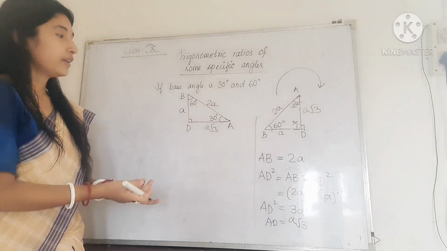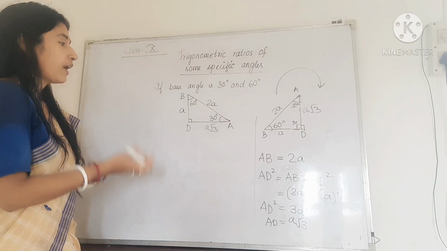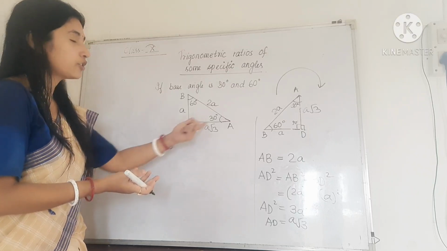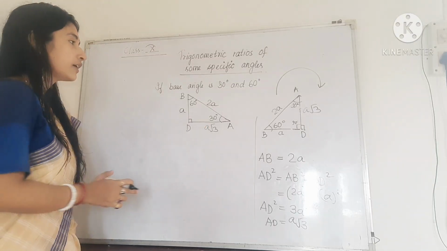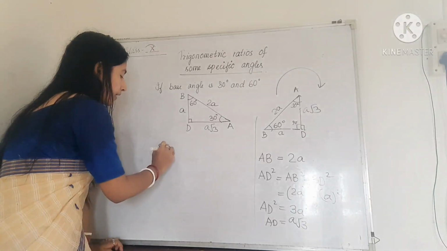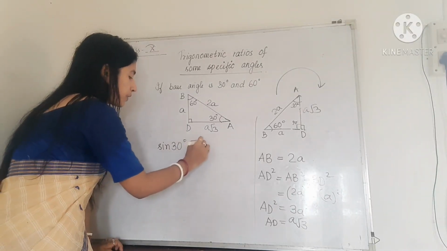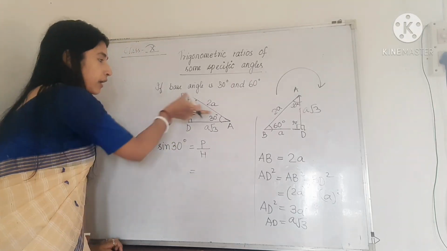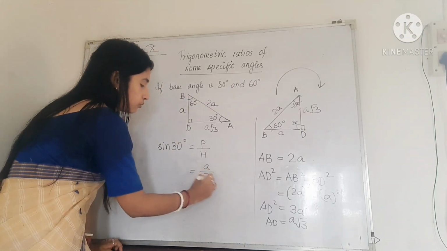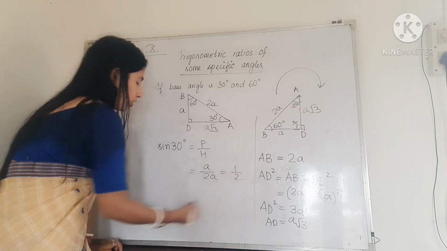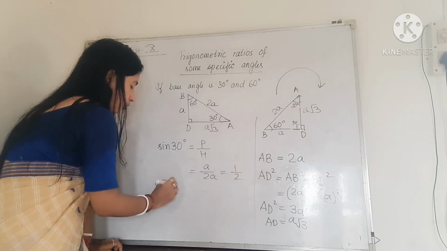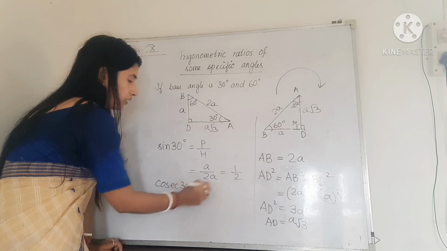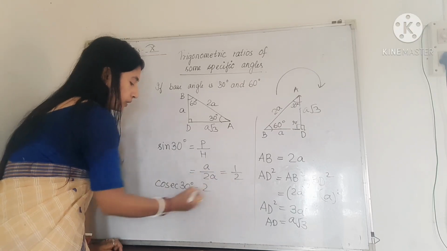So now very simple, now you can easily find the value of trigonometric ratio for the angle 30 degree. So this will be what? Sine 30 degree. So sine 30 degree is perpendicular by hypotenuse. So perpendicular is A and hypotenuse is 2A. So A by 2A, that will be what? 1 by 2. Similarly, cosec 30 degree we can also find as the reciprocal of sin 30 degree, that will be 2.